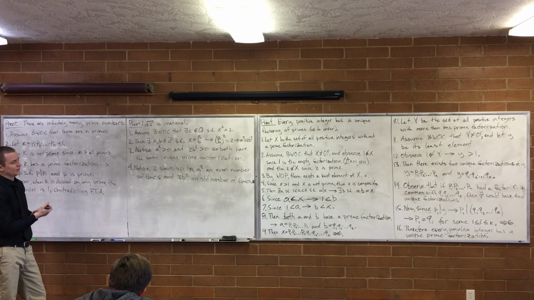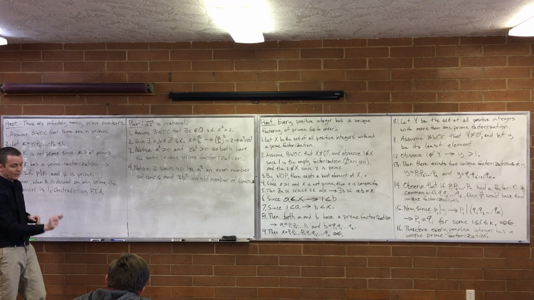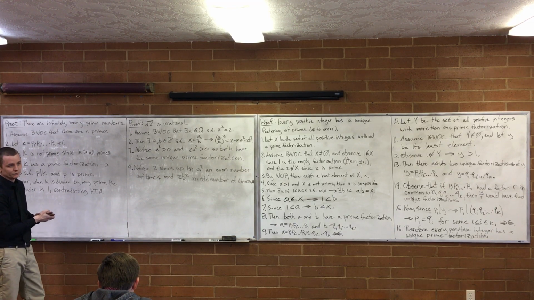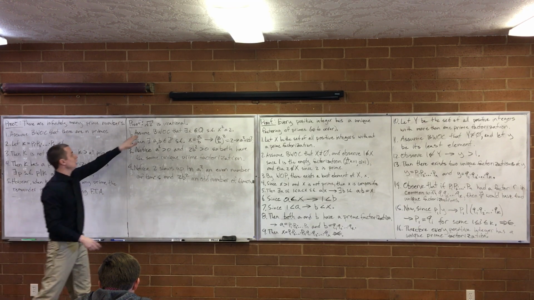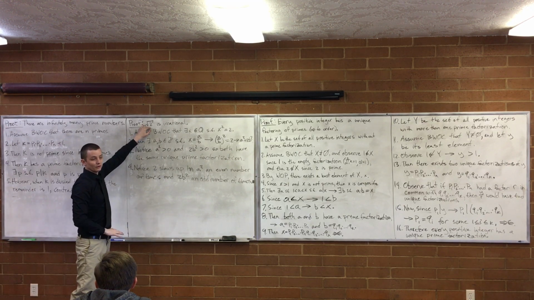So rather than proving that the square root of 2 is irrational, prove that particular types of square roots are always irrational. So we actually have a proof that the square root of any non-perfect square is irrational.